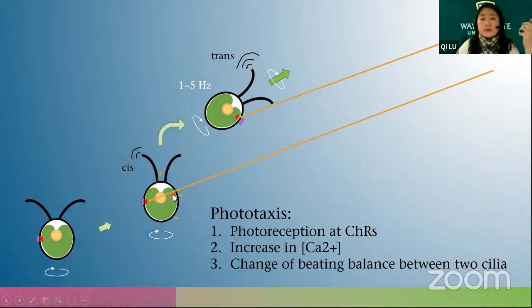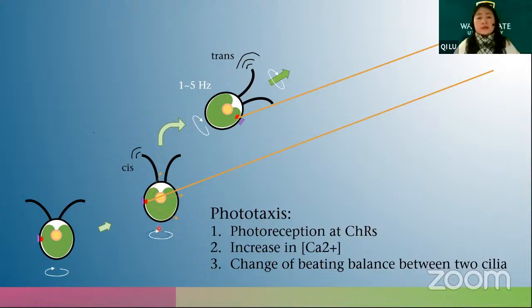So for this position, the light comes from here, and it will be reflected back by the thylakoid membrane. And there's no light hitting the channelrhodopsins on the eye spot.